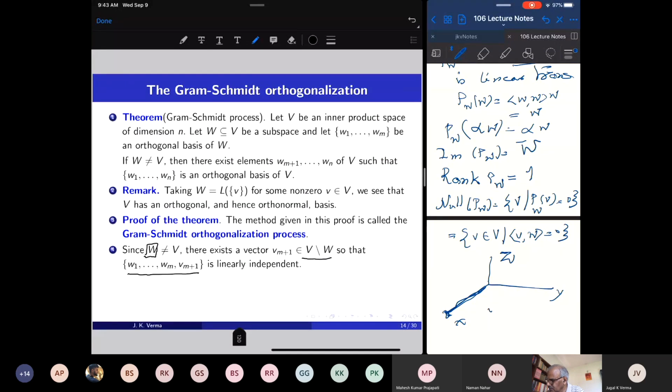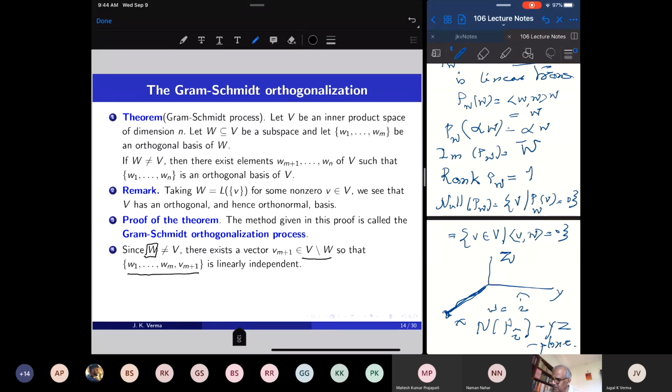If my W is just the unit vector i, then the null space of the projection operator with respect to this unit vector is all vectors which are perpendicular to the x-axis, and that is the YZ plane. So therefore the null space is all vectors which are perpendicular to W.